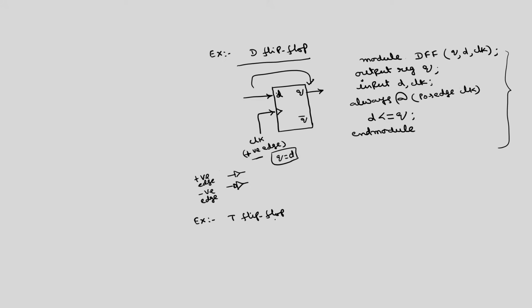By instantiating the D flip flop. Means how to implement a T flip flop using D flip flop. So, given a D flip flop, this D flip flop is given as it is, with D, Q, Q bar and clock.